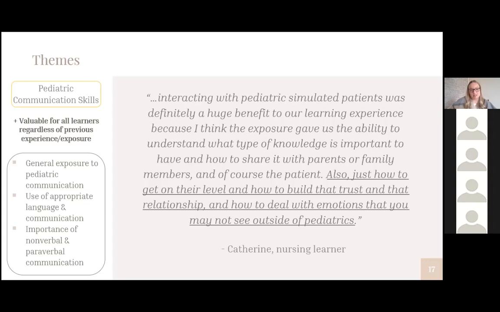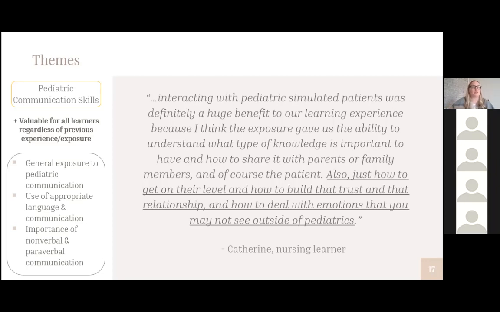One medical learner actually said most of their learning is done with adult patients in their first full year, and even throughout their whole education. So they identified that they didn't even know that pediatric communication was different until they walked in the room, and it was a bit startling to them that they needed to create a unique skill set, and they weren't prepared for that.